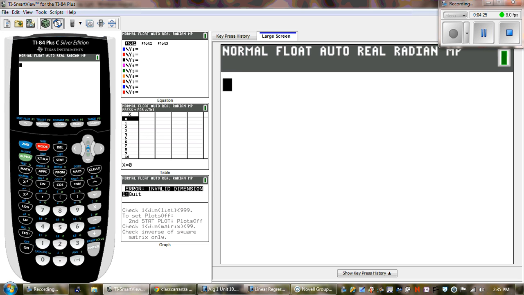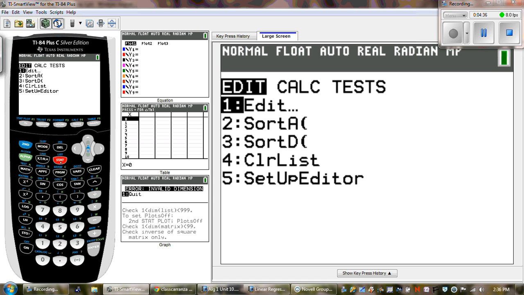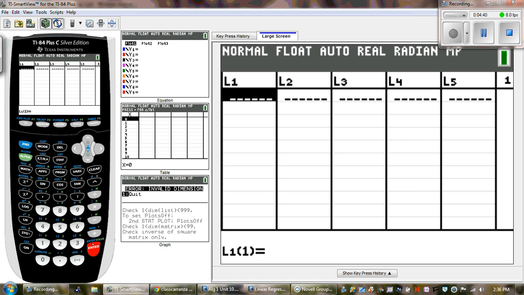Now step 2 is I'm going to hit the stat button, which is on the second row where the alpha is, and hit stat. The next thing it tells me to do is to hit enter. And now I've got all these lines.